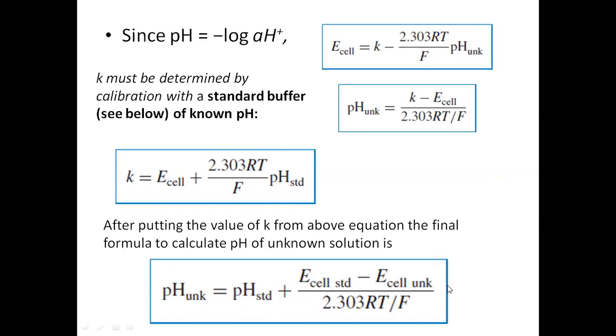So you have to remember this formula. In the lab exam also, some examiners will ask the question to write down the formula on which your pH meter operates. This is the formula on which our pH meter is working.